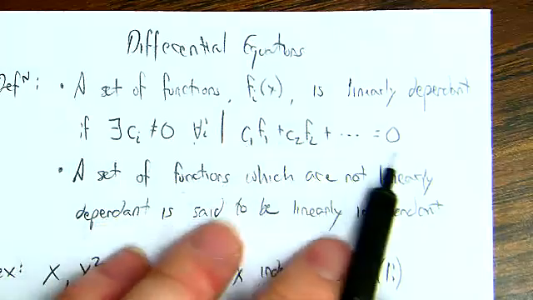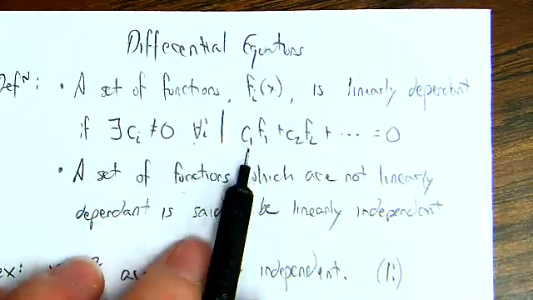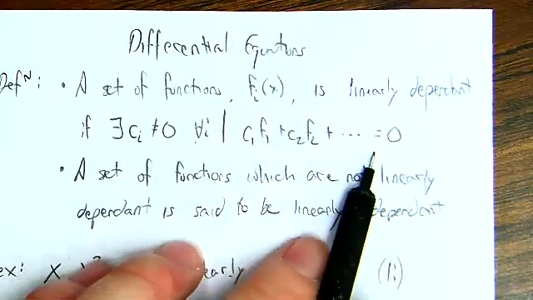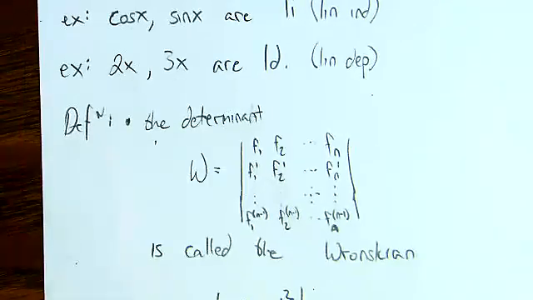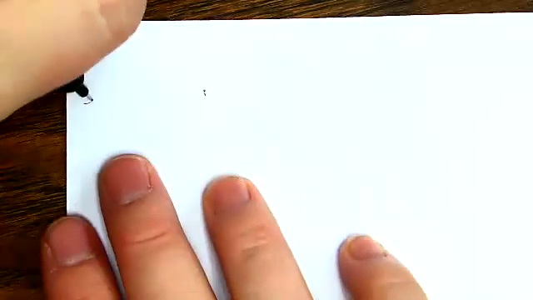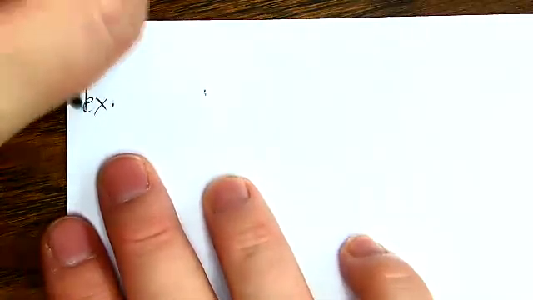So if I imagine this as a problem to solve, finding values of C1, C2, and so on, which make this statement true, we can see the connection to using matrices. And in fact, we know how to, using only matrices, solve a system of equations.